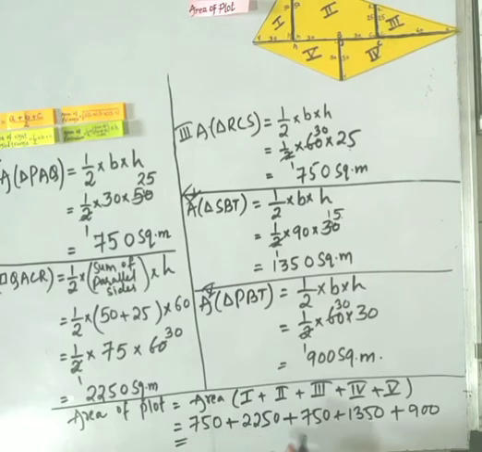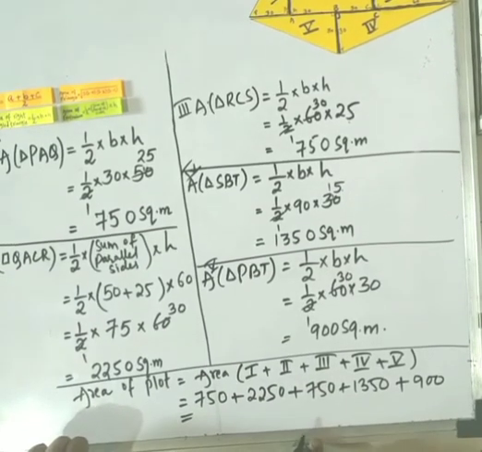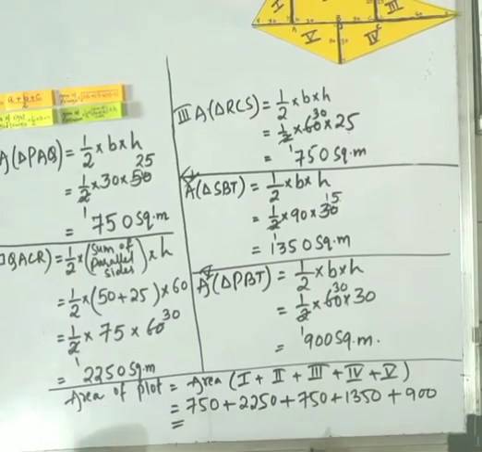Add all the areas so that you will get the area of the plot. So 0 plus 0 plus 0 plus 0 plus 0, you will get 0. 0 plus 5 plus 5 10 plus 5 15 plus 5 20, 0, 2 would be carry here. 9 plus 2 11 plus 3 14 plus 7 21 plus 2 23 plus 7 30.